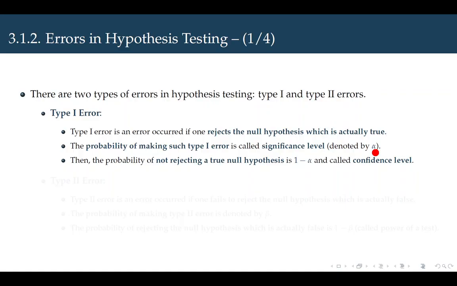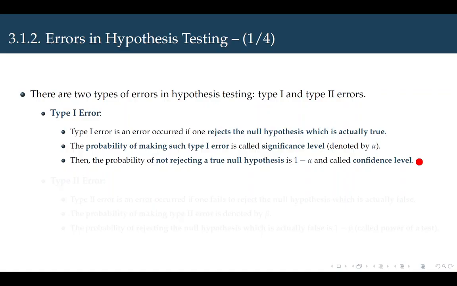Now, if the probability of rejecting a true null hypothesis is alpha, then the probability of not rejecting a true null hypothesis is 1 minus alpha, and this is called the confidence level.